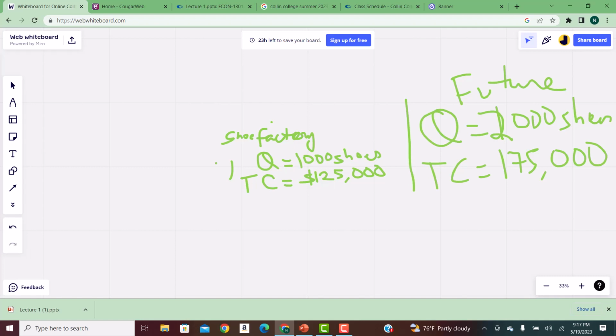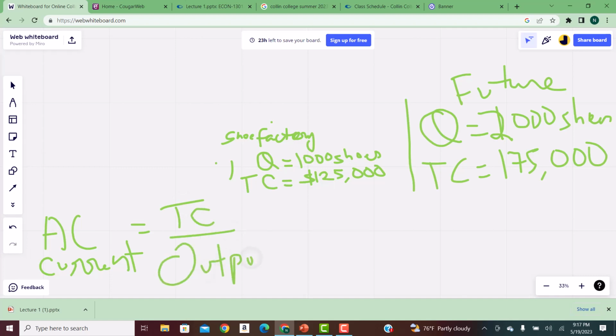Now my first question is, what is your current average cost? So what is average cost? Average cost is the cost to produce one unit of shoes. So the way we do it is we just do total cost divided by output.